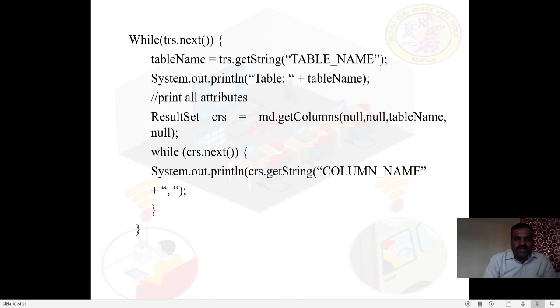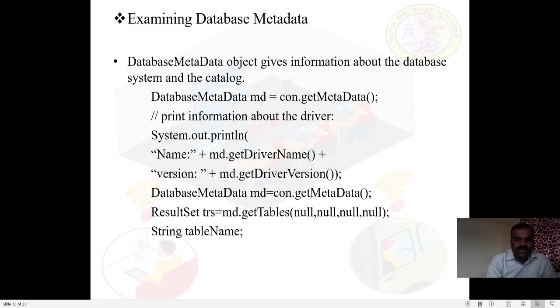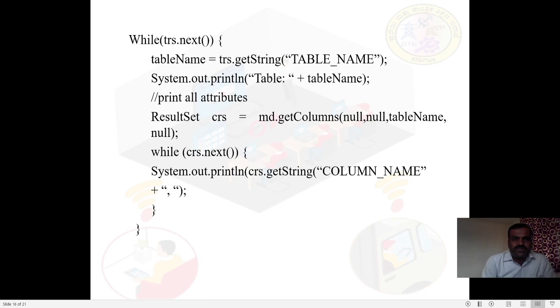While trs.next begin, tableName is equal to trs.getString of TABLE_NAME, System dot out dot println of tableName, and then print all the attributes.